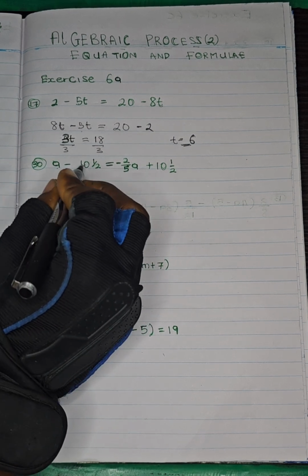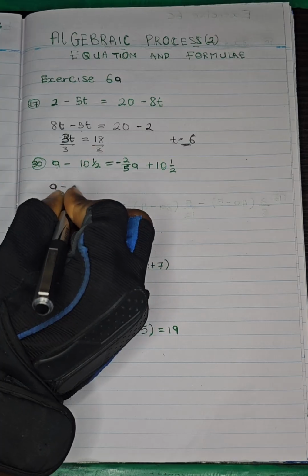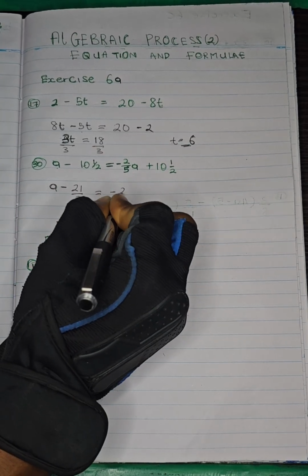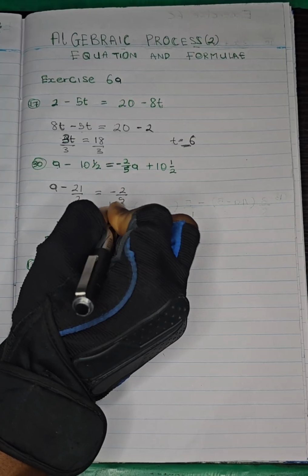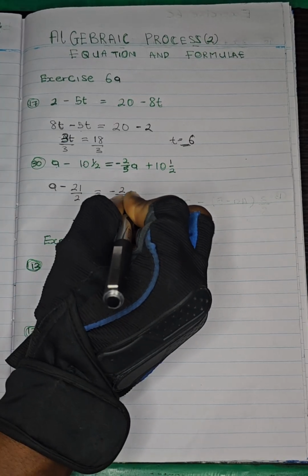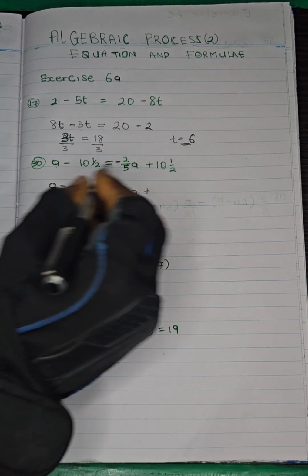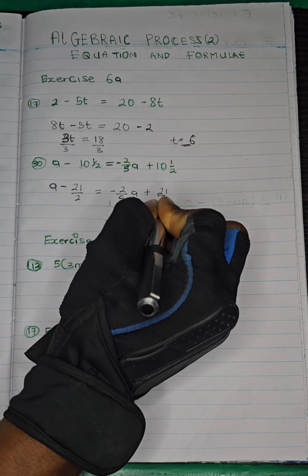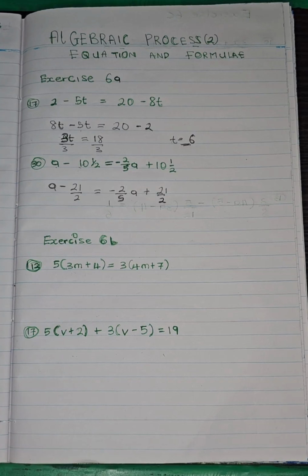So it will be 2 times 10 is 20 plus 1, you have 21 over 2, equal to minus 2 over 5a plus this, and this is the same. So we're going to repeat it again. We have 21 over 2.